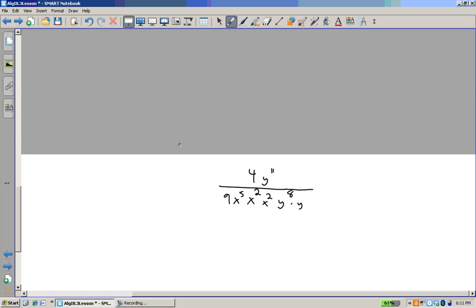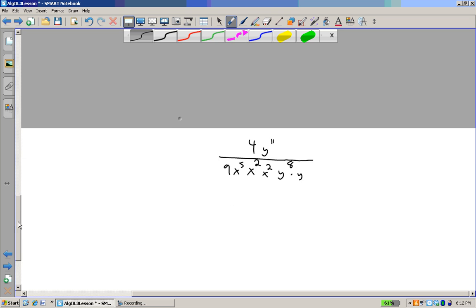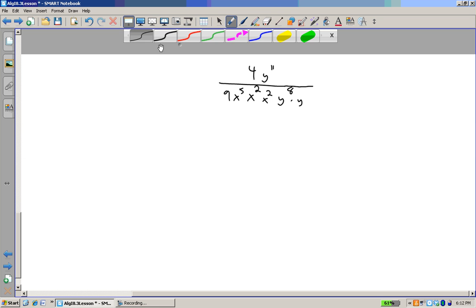And again, narrow the focus. Okay, first things first. 4/9, that is as simplified as it gets. This is a mess down here. Let's clean that up. 5, 6, 7, 8, 9 x's. 8, 9 y's.